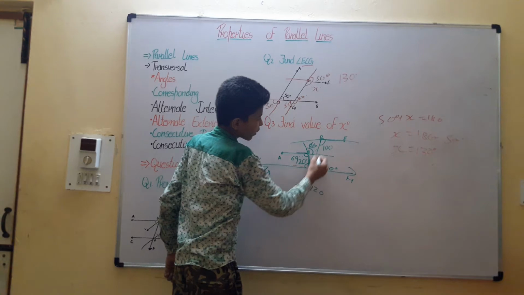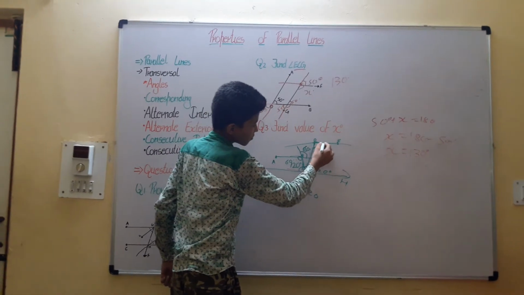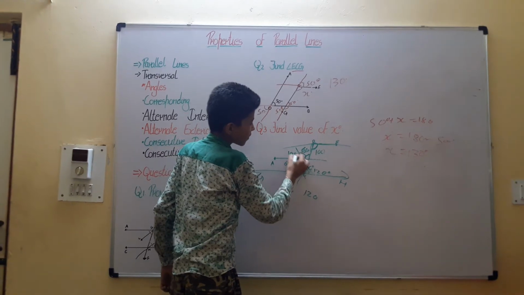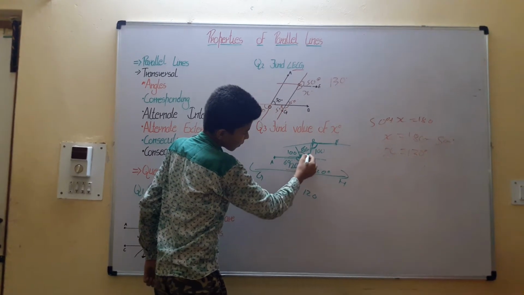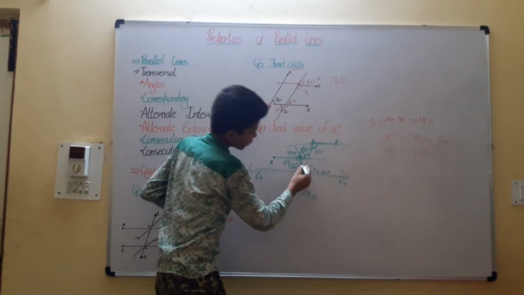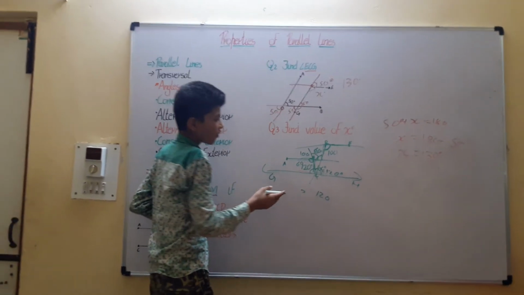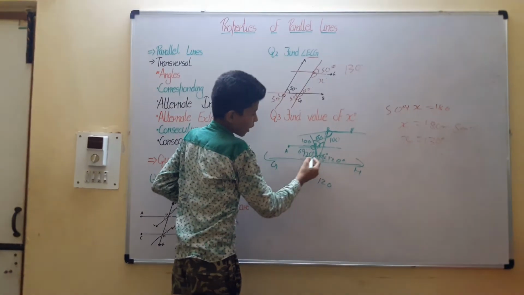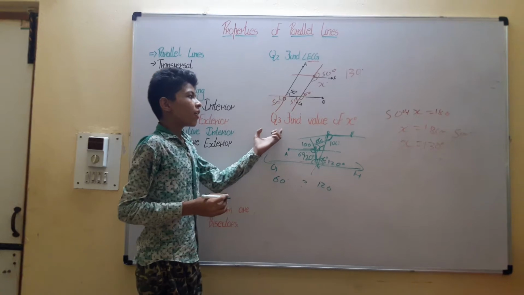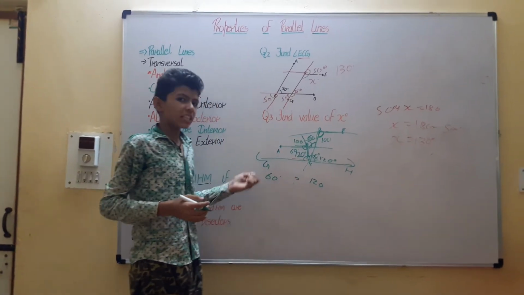So we got this angle as 100 degrees, and this would give us an angle of 60 degrees. Which means the value of x is 60 degrees.